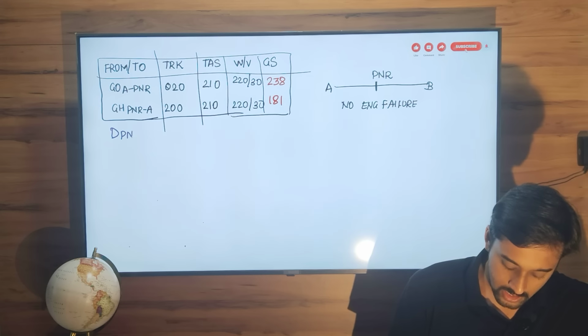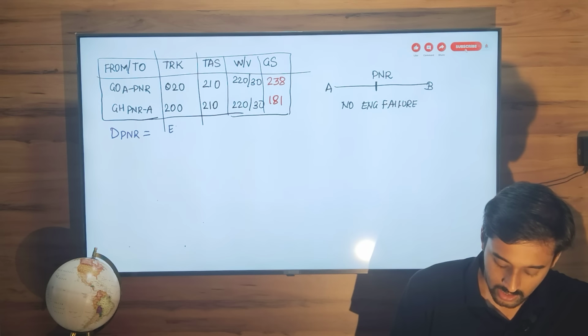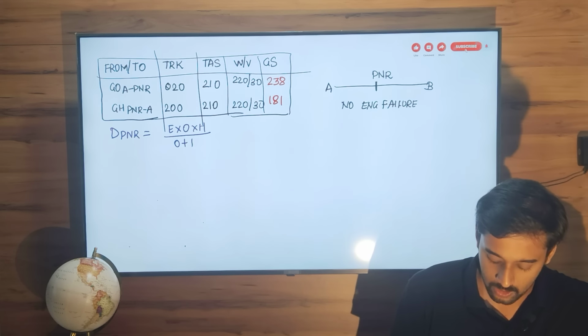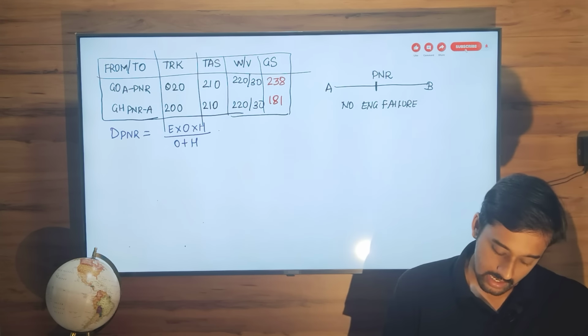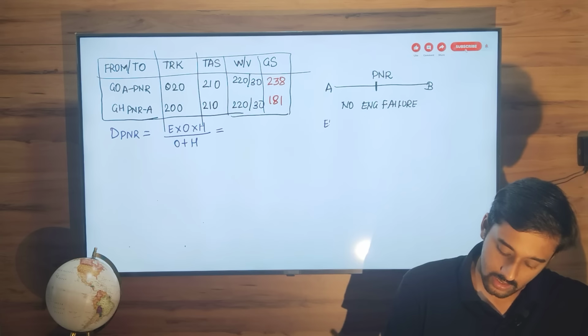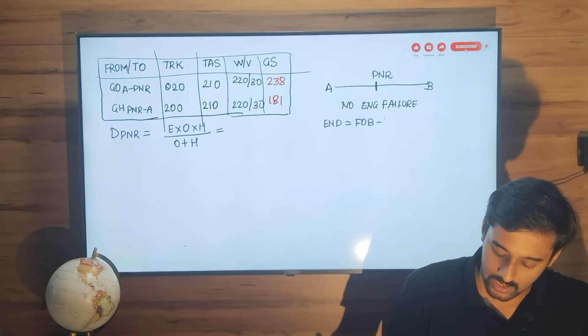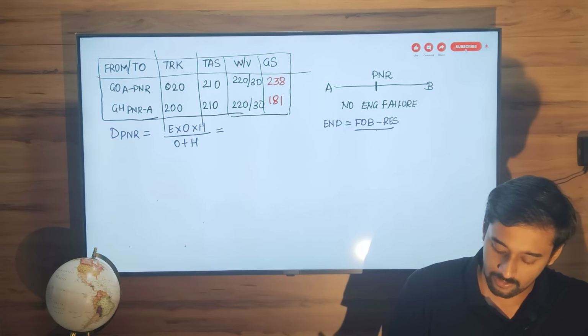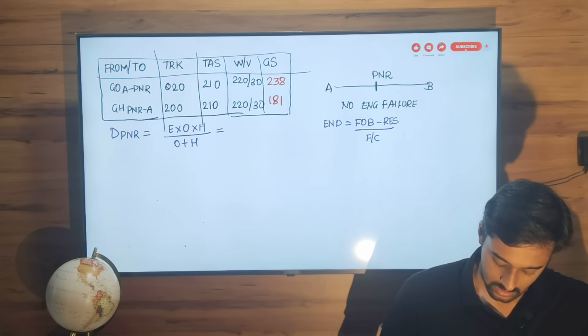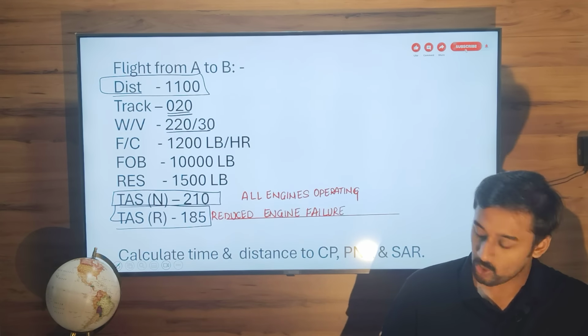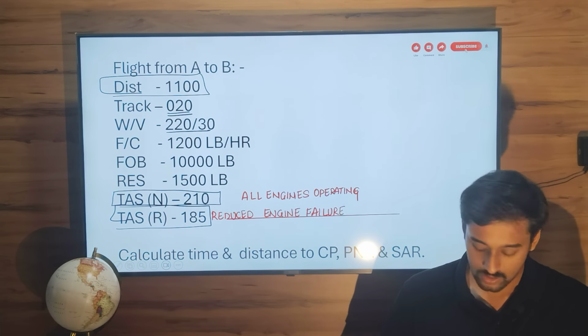Distance to PNR equals endurance times outbound times homebound, divided by homebound plus outbound. Now what is our endurance? Formula: fuel on board minus reserve, divided by fuel consumption. Fuel on board is 10,000 pounds.